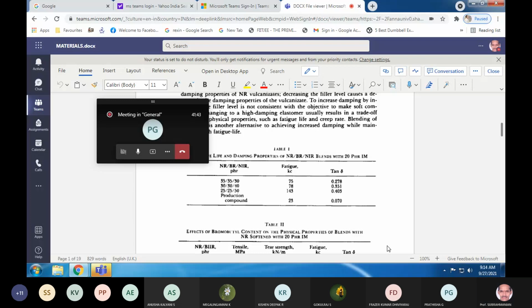In one of the classes, I mentioned the role of rubber components in achieving a set of rubber properties after vulcanization, after you have made the product.